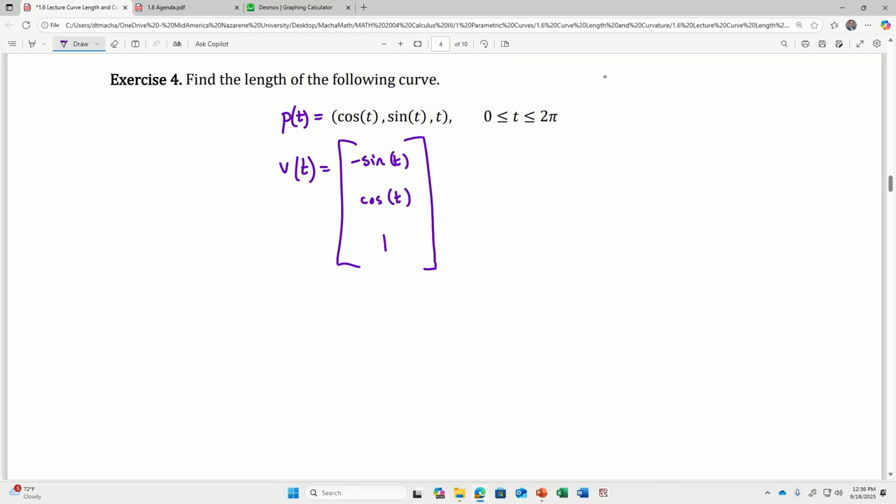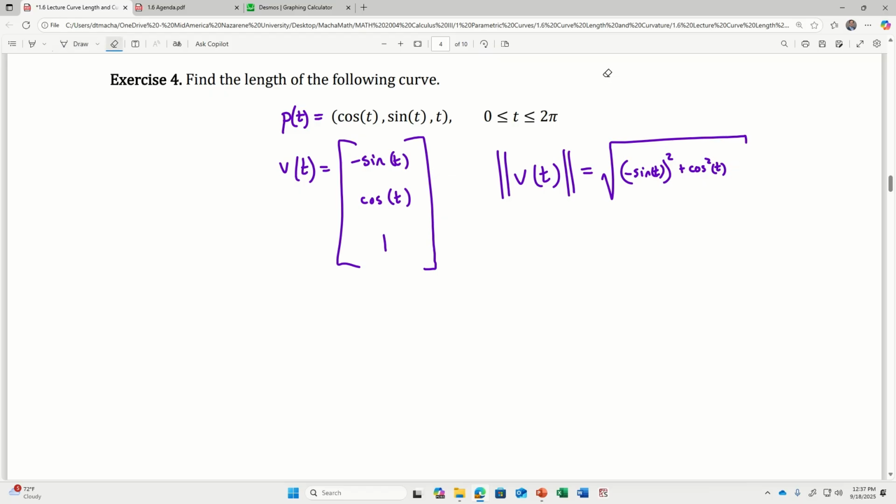Okay, so now I need the speed. What is my speed function? Yep.